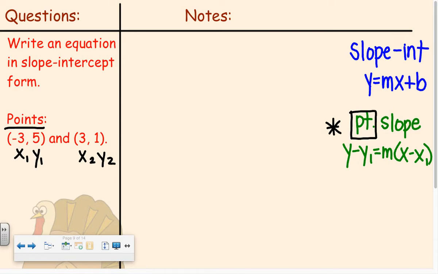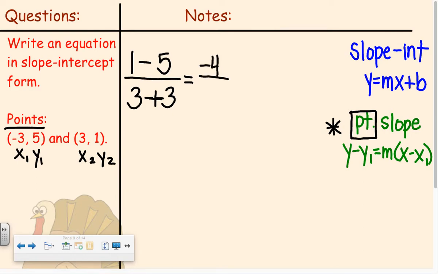So my slope formula is y2 minus y1 over x2 minus x1. So 1 minus 5 is negative 4. 3 plus 3 is 6. If I simplify that, I'd get negative 2/3. So my slope is negative 2/3.